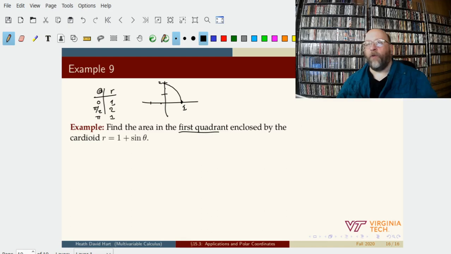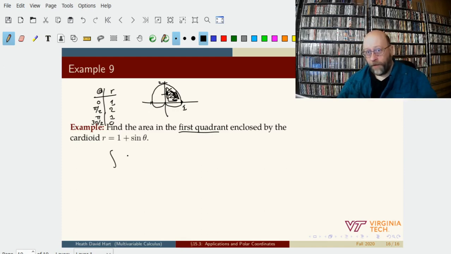So the angle is pi, but the radius is 1. And then when the angle is 3 pi over 2, sine of 3 pi over 2 is negative 1. 1 plus negative 1 is 0. And so the radius comes into 0. And so this looks like an upside down heart, which is where the name cardioid comes from. We want to find just this area here.